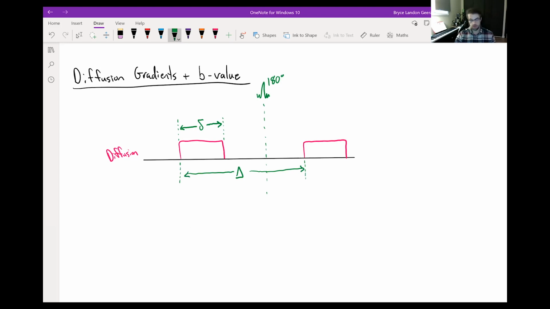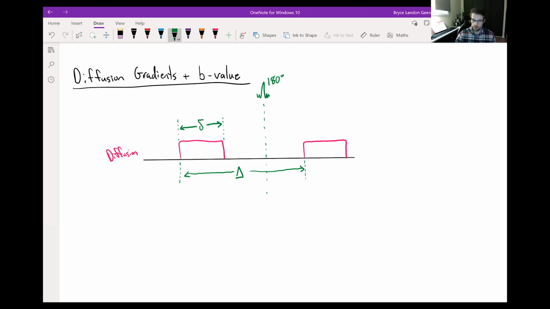That's essentially describing how much time you are allowing water molecules to diffuse, so the amount of time that you're allowing for water molecules to move along that diffusion gradient direction and imperfectly rephase and become incoherent for a signal acquisition.